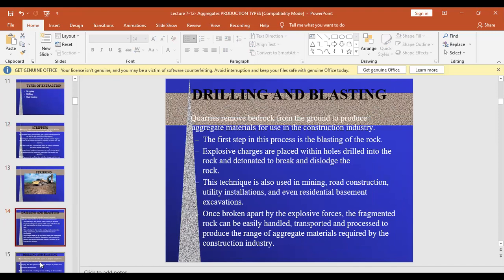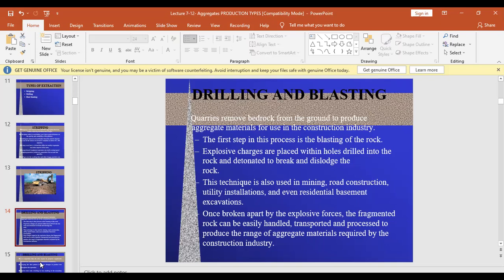The other way is blasting, drilling and blasting. Quarries remove rock from the ground to produce aggregate material for use in the construction industry. The first step is the blasting. Explosive charges are placed within the holes drilled into the rock and detonated to break and dislodge the rock.